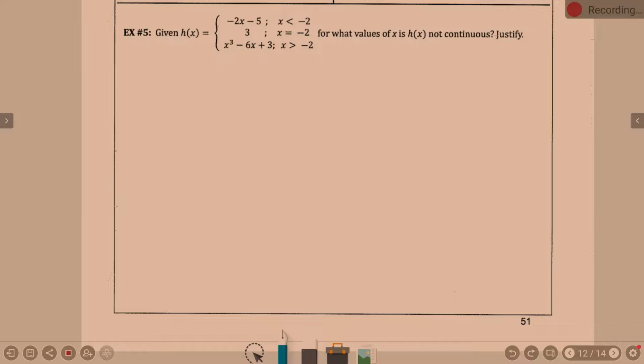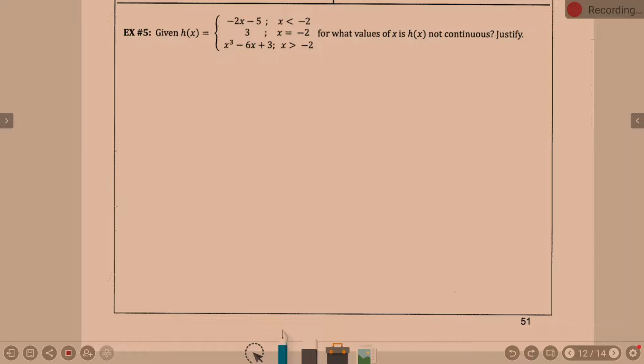First of all, one thing I do want to point out, each of those individual pieces, are they continuous amongst themselves? And this is something to just be aware of. As in, negative 2x minus 5. If we just look at the graph, negative 2x minus 5, is that continuous? It's a line, yes? Y equals 3 is technically a line, right?